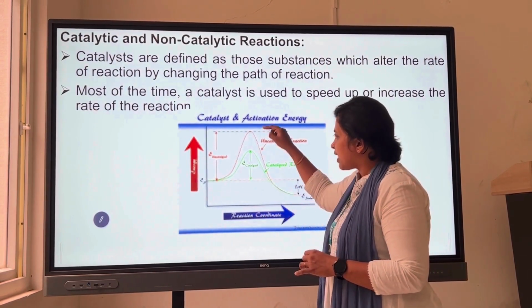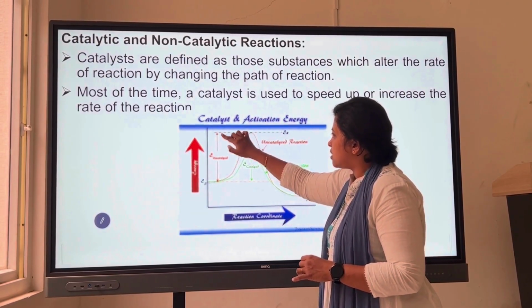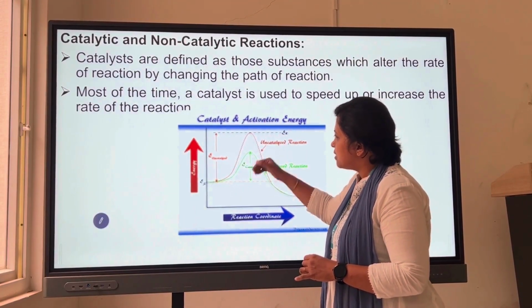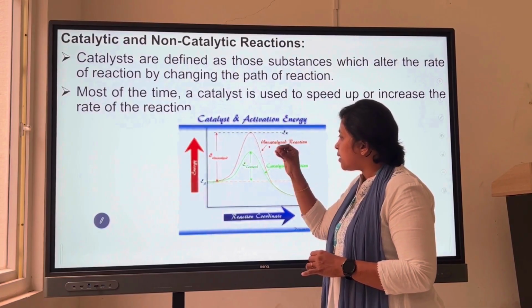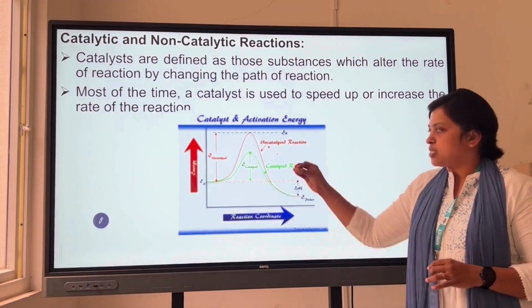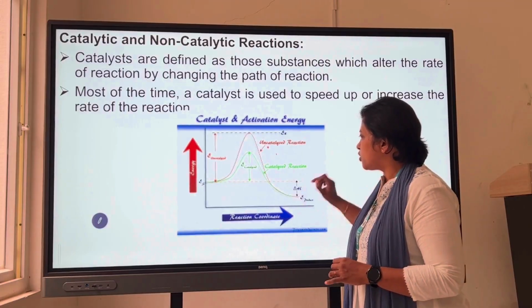Without catalyst, the activation energy level is this much peak. If we give the catalyst, this activation energy level is less. That means within a lesser amount of energy itself, this reactant can be converted into the product.